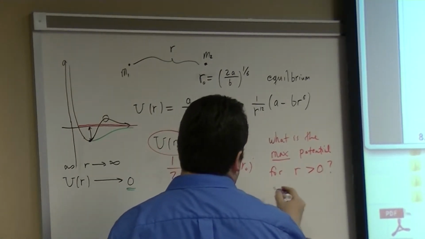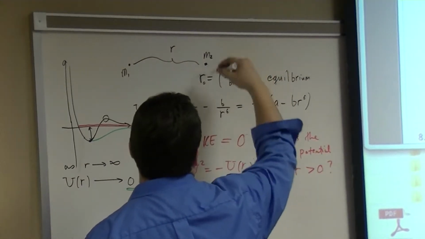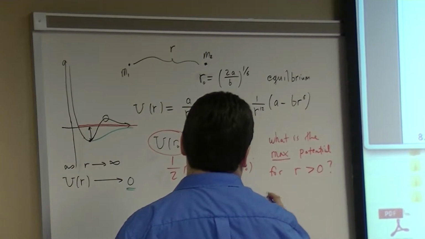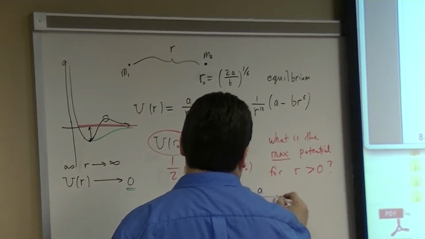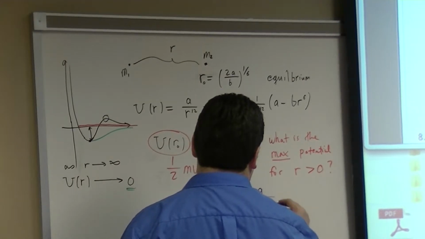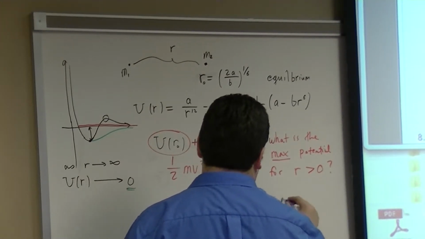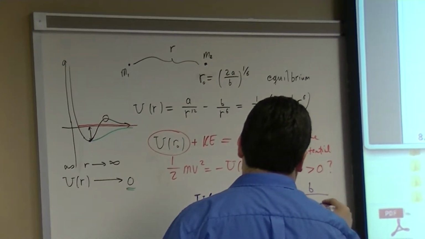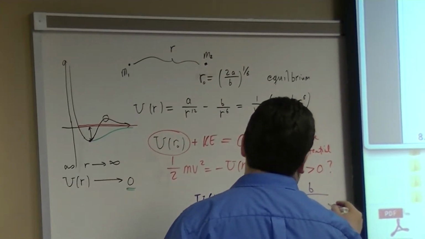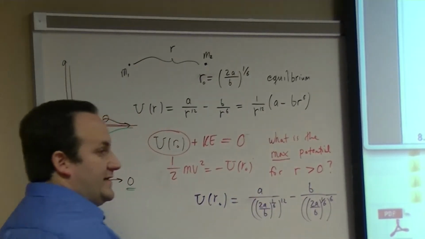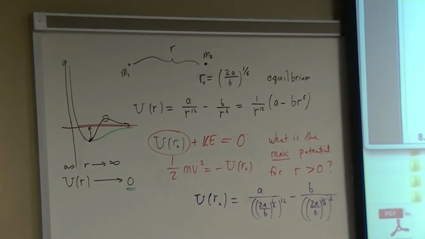You plug this into the formula, right? So you've got to do A times 2A over B to the 1/6 power to the 12th, minus B times 2A over B to the 1/6 power to the 6th power. And then you've got to clean this thing up and take the negative of that. That would be the energy that should be added.